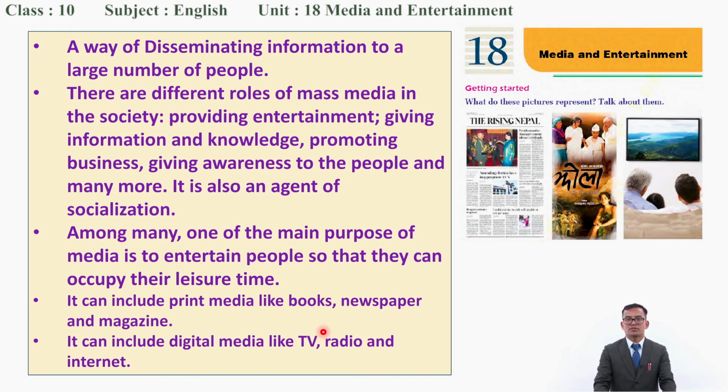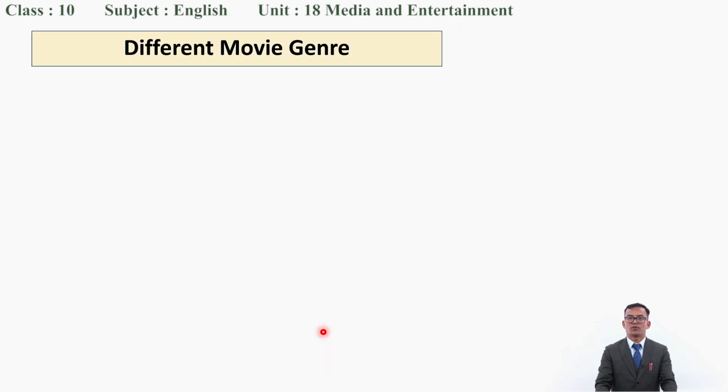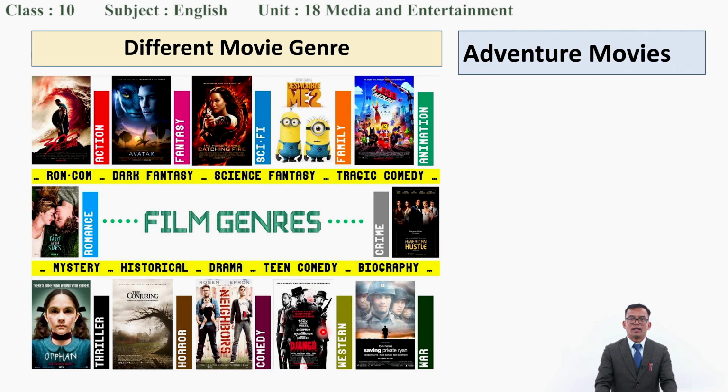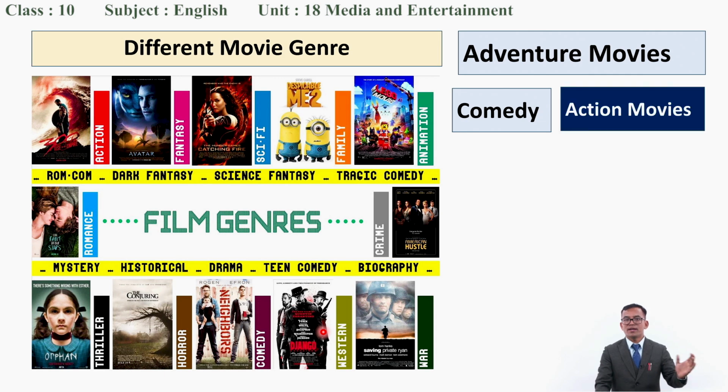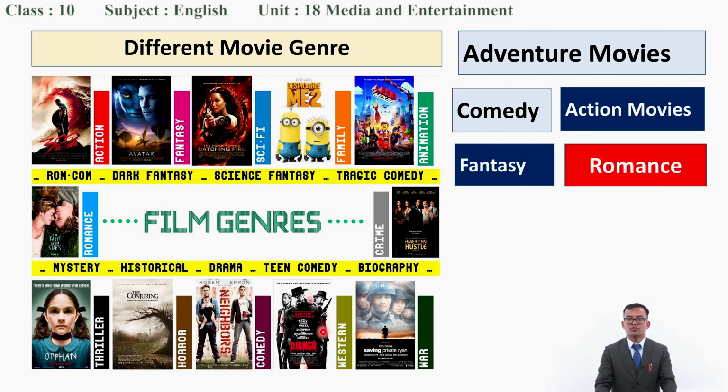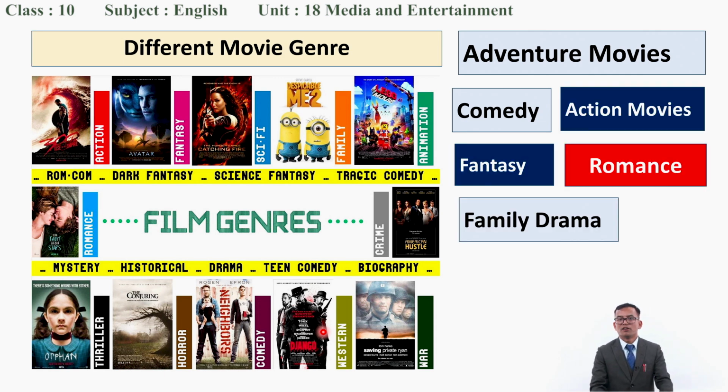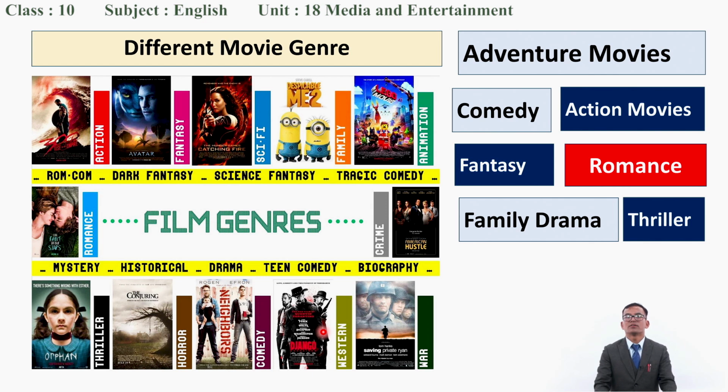And students, to remember, we also discussed different movie genres, right? Like adventure movie, comedy, action movies, fantasy, romance, family drama, and thriller. Great.